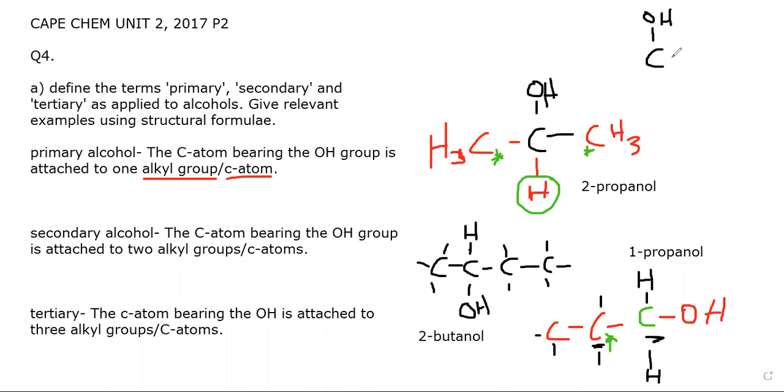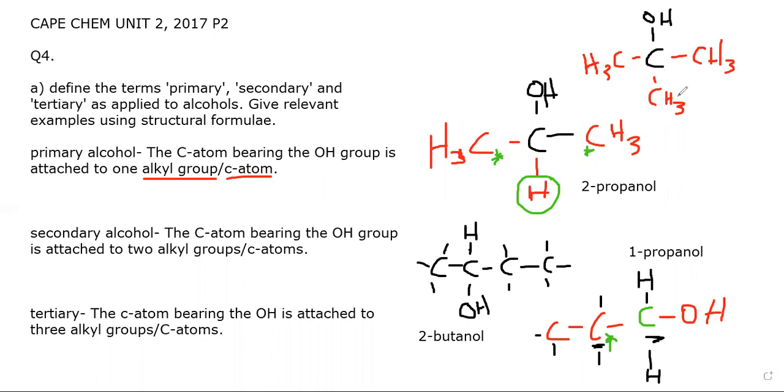So let's just put 1 carbon there, 1 here, and 1 here. So the carbon atom attached to the OH group is attached directly, as you can see, to 3 other carbon atoms. So it's not about the amount of carbon atoms in the chain. It's the amount of carbon atoms it is directly touching.